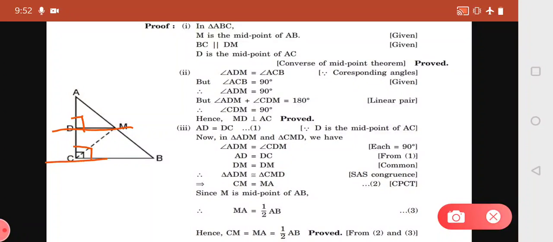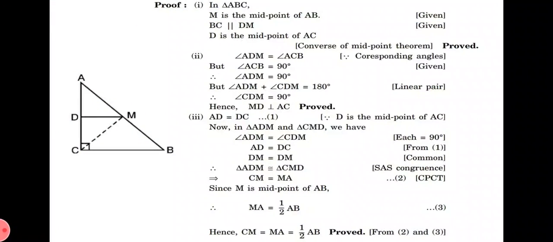As DM is parallel to BC and we take AC as a transversal, we get angle ADM equal to angle ACB as the pair of corresponding angles. But angle ACB equal to 90 degrees, that is given. Therefore, we get angle ADM equal to 90 degrees.